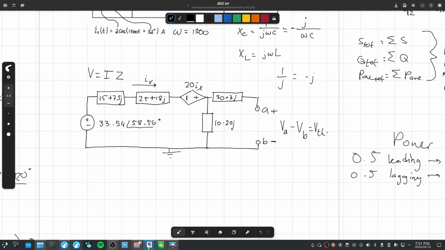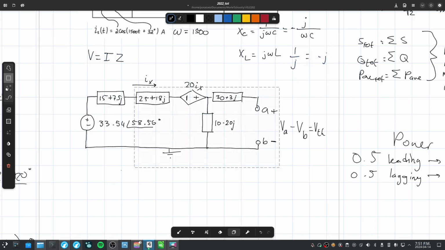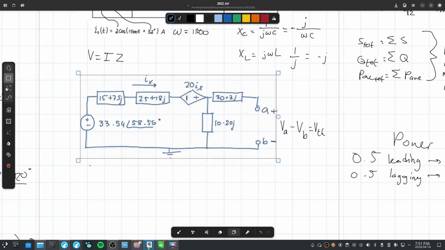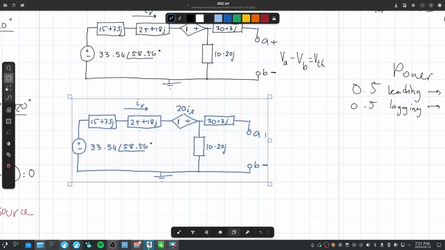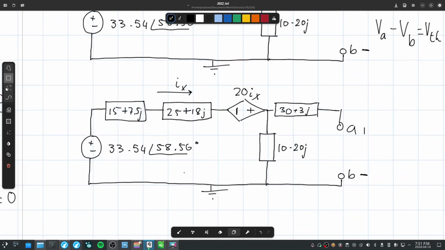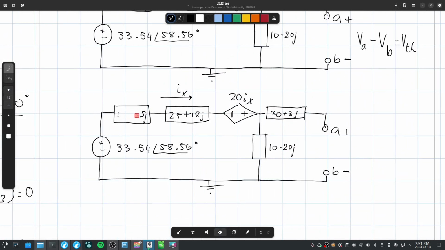We don't have more than 2 sources, so there's no superposition here. Let us simplify this circuit. Let's move that to the side so I can grab everything here. Immediately we can combine these 2 loads because they are in series.